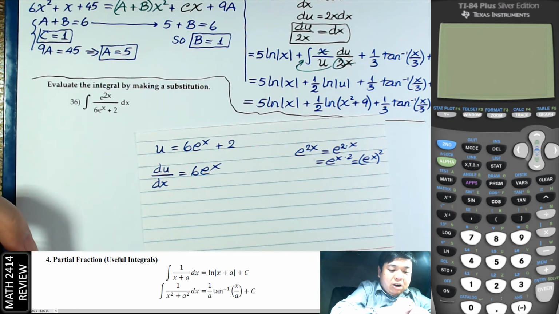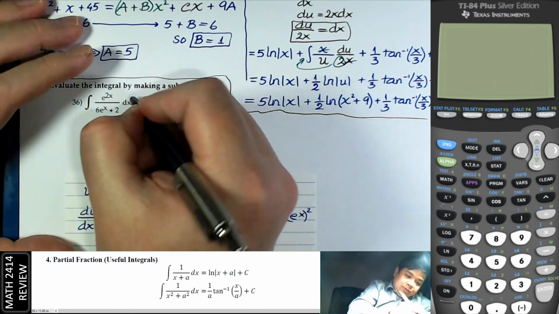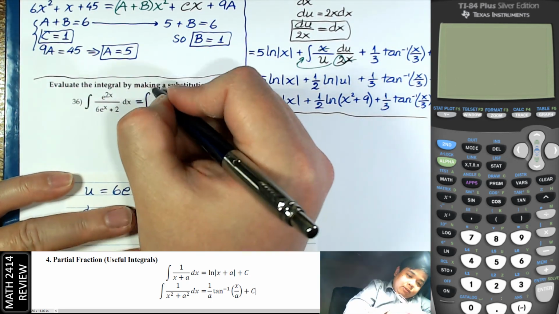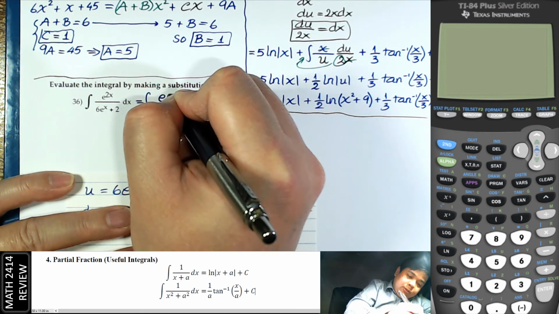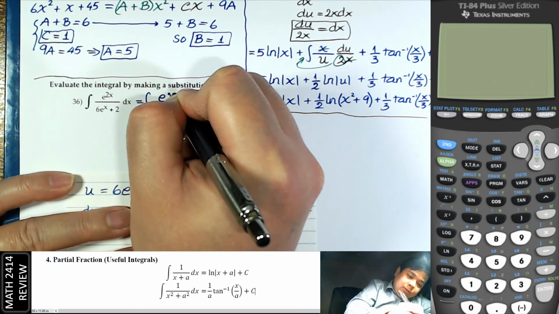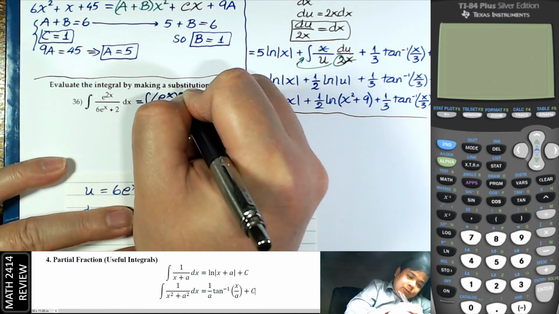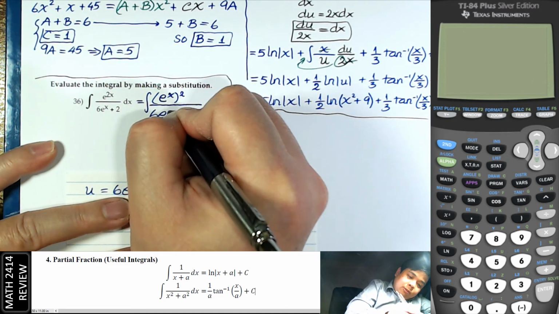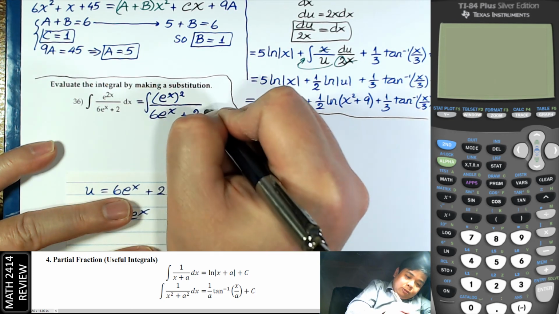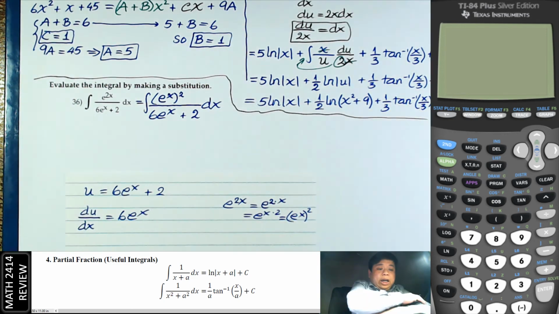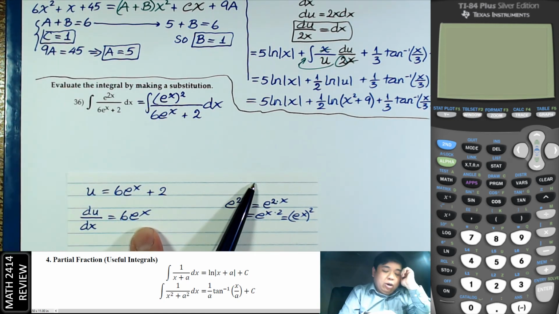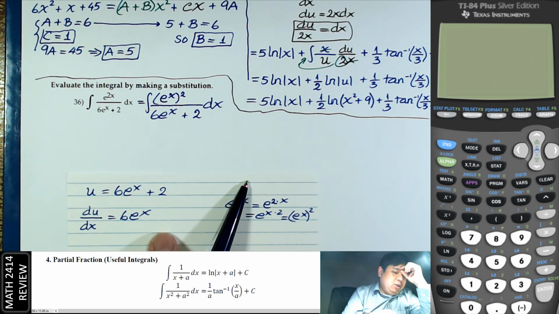Right, so how did that help? It will help because when we take the derivative, e to the x will cancel with e to the x, but still at the end we still have e to the x.